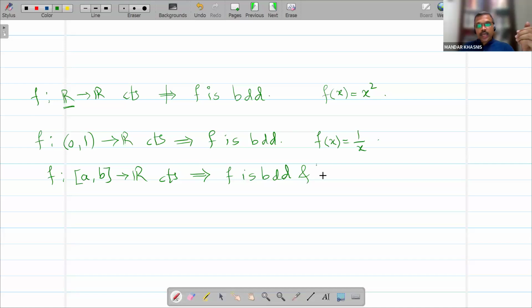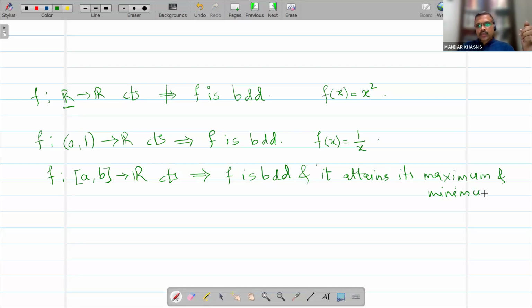So f is bounded and it attains its maximum and minimum.